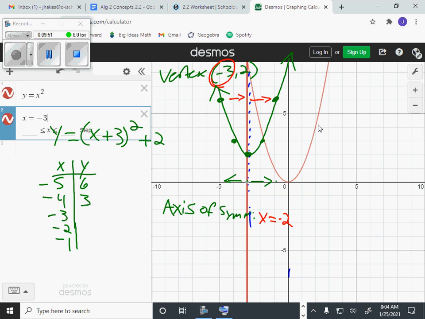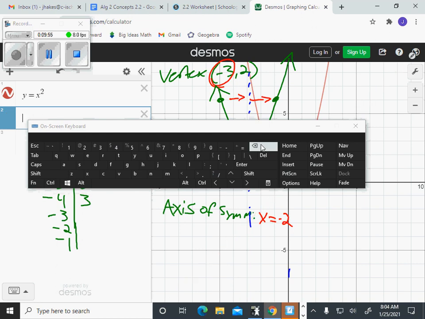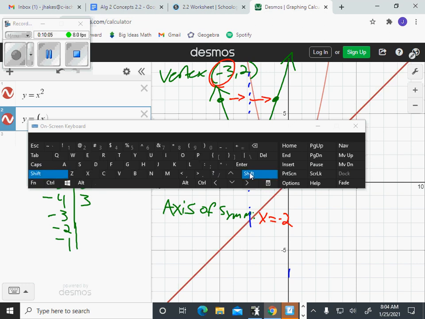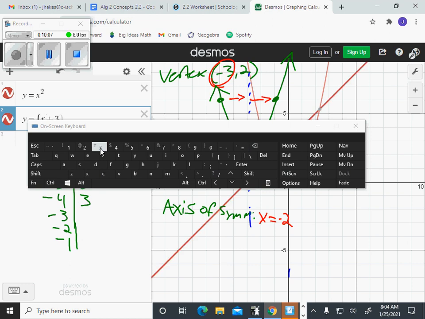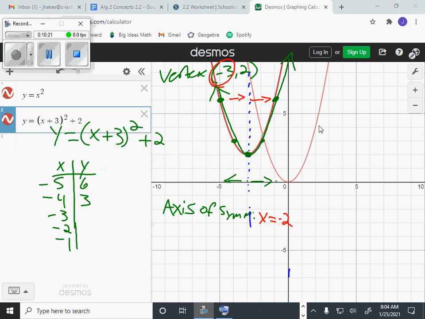And I can plug this in: y equals, in parentheses, x plus 3, squared, and then plus 2. And there we go, we got our graph.